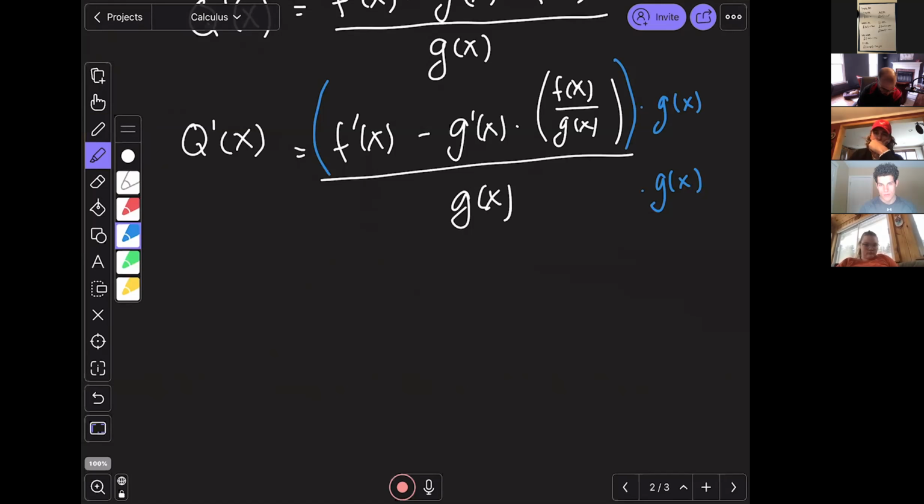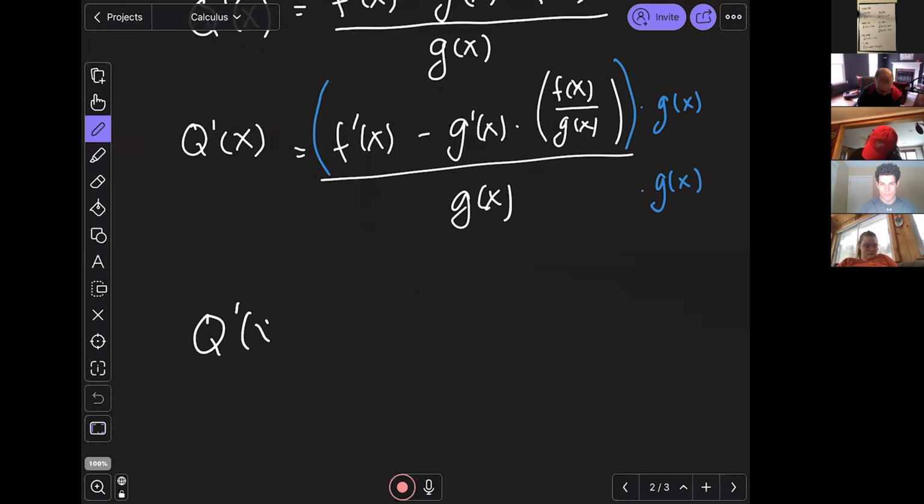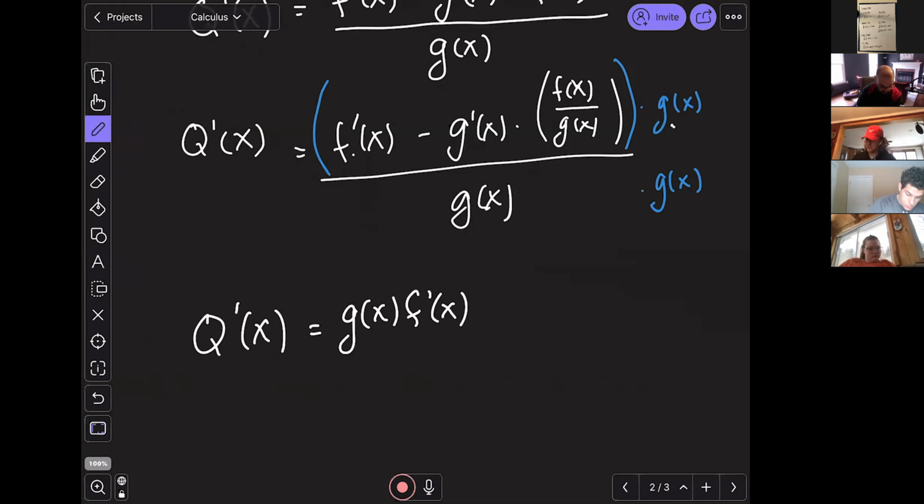So I'm going to have to distribute through that by g of x. And what we're left with is, right, so we're going to take g of x, we multiply it by f prime. So you get this g of x, f prime of x. And then when I take this g of x and I multiply it into this, what we're going to see is this g of x and this g of x are going to end up canceling.